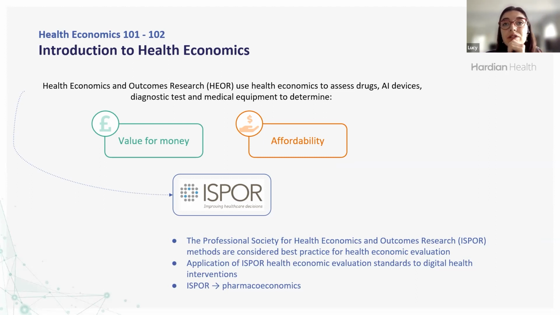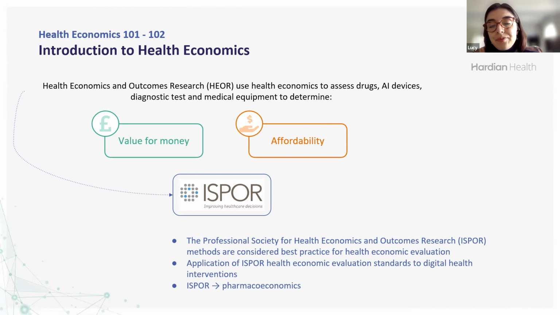And so, at the minute, with our ongoing work and going forward, we are trying to apply these methods to the evaluation of digital health technologies and software devices. But as you'll see, it will be a running theme as we go through the session today that the ISPOR guidance really is set up for the evaluation of pharmaceutical interventions, pharmacoeconomics.